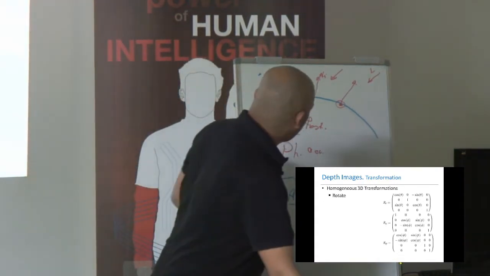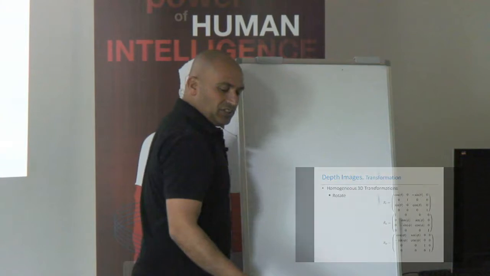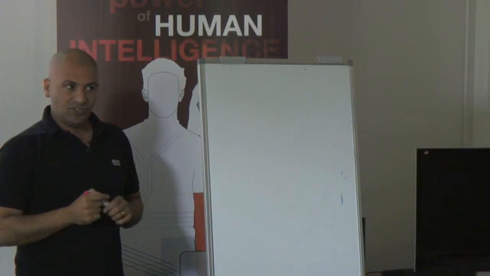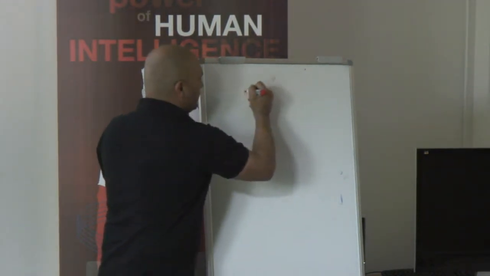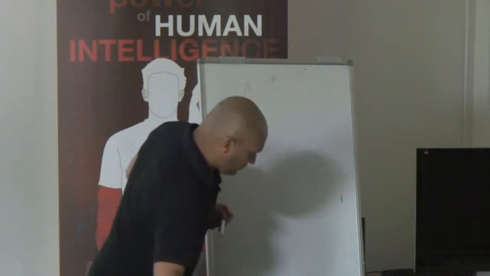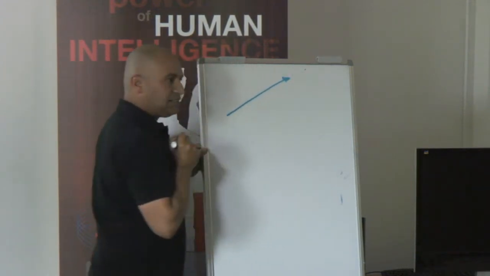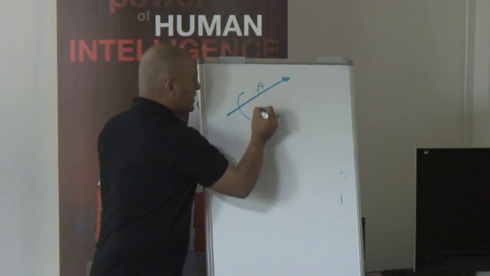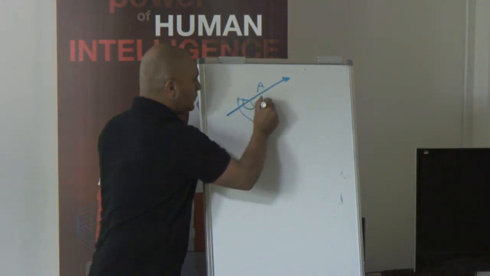Now, often we don't want to rotate points about a principal axis, because often we want to rotate about an arbitrary axis, yes? Say I have any axis A, and I want a point P to be rotated about this axis by an angle alpha, for example.